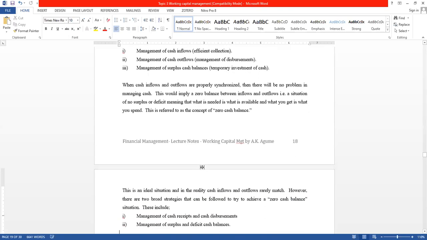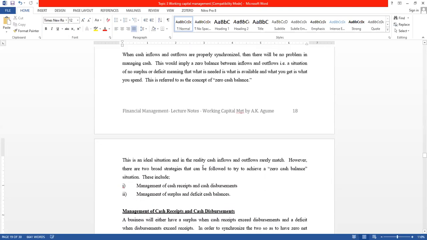Okay, and it is the ideal situation, and in reality cash inflows and outflows rarely match. This is true. It is very rare where you find that your inflows are matching your outflows. In most cases, you find there is a mismatch. However, there are two broad strategies that can be followed to try to achieve a zero cash balance situation.